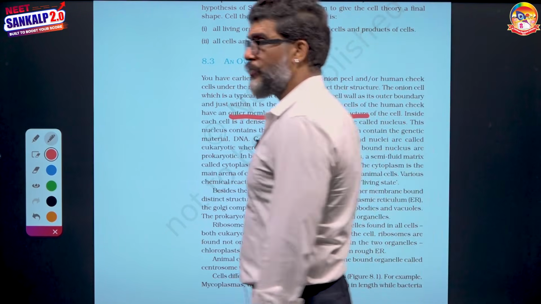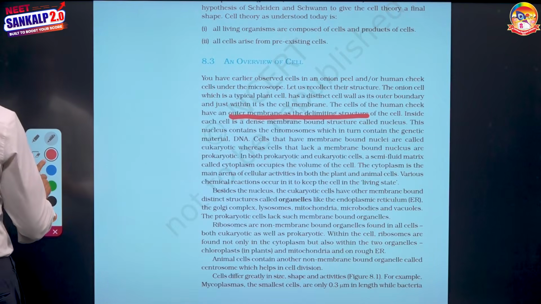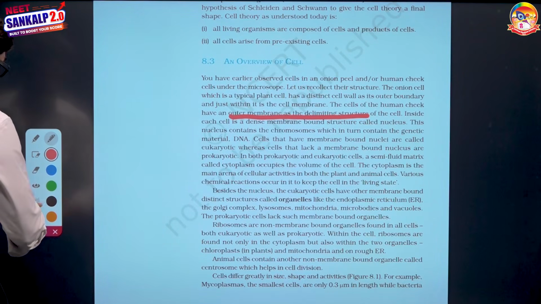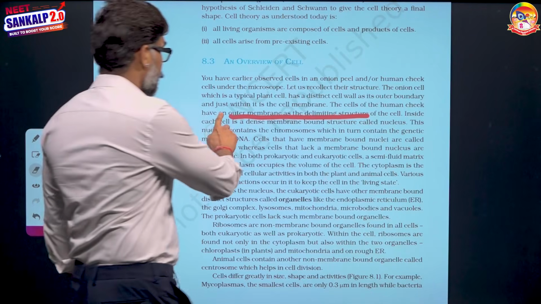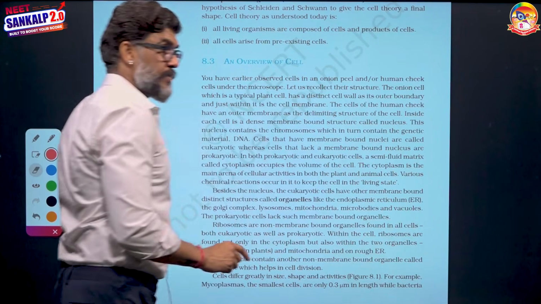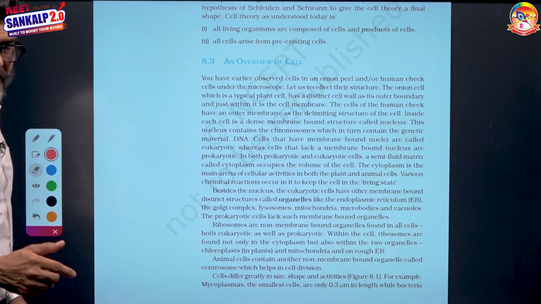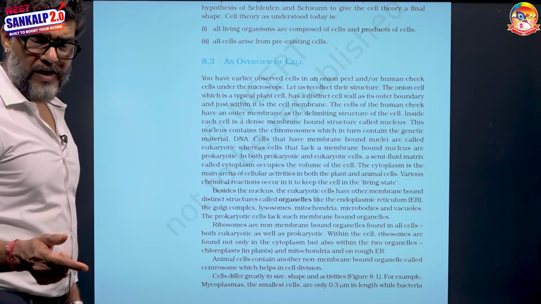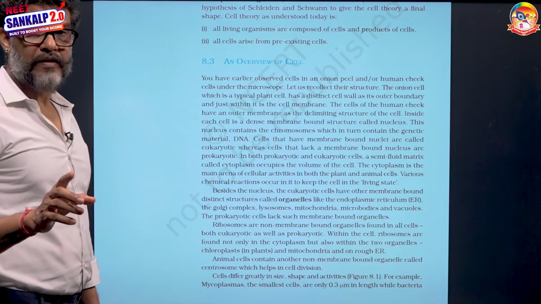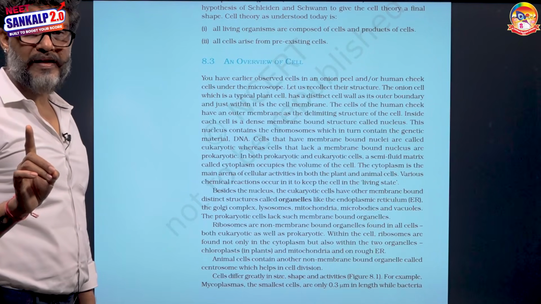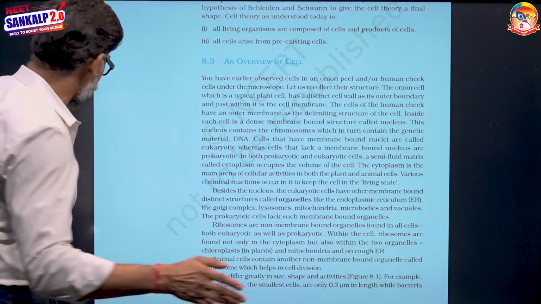In animal cells, the plasma membrane is the delimiting boundary, while in plant cells, the plasma membrane is surrounded by the cell wall. In animals, only the plasma membrane is a delimiting membrane. There is no cell wall, as we know pretty well.